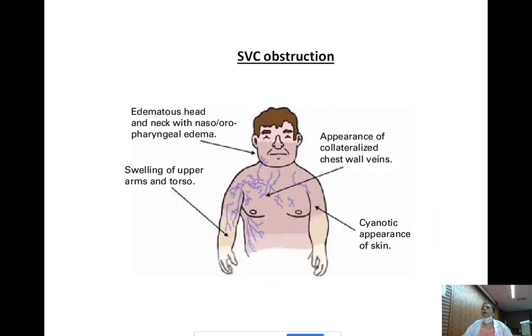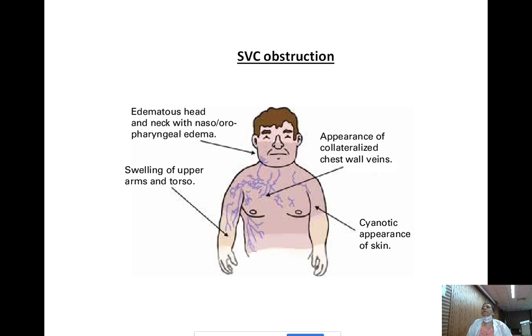And I have told you about the obstruction. In case of obstruction, particularly in case of goiter or lung carcinoma or any enlargement of lymph node, there will be swelling, the veins will be engorged in the upper limb, in the right side of the thorax, and also in the head and neck region.